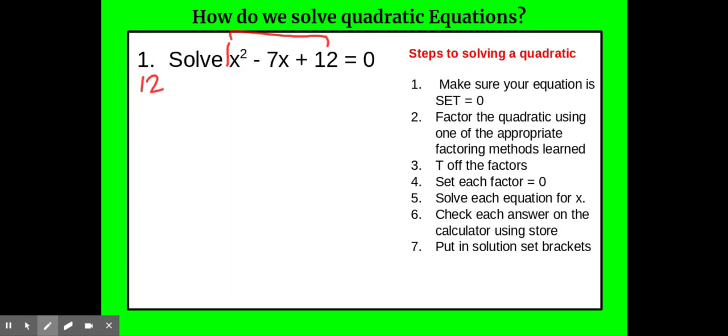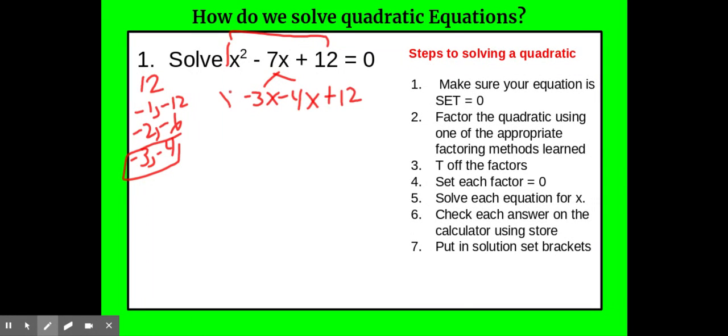I'm going to skip listing all the factors because I know they have to add to -7, so I'm just going to write down my negative factors to save time, so we don't have to sit through a 20-minute video. Which two factors add to -7? -3 and -4. So I'm going to break it up into -3x and -4x. You bring down your +12, you bring down your x squared, and you have to remember to carry down that equals 0.